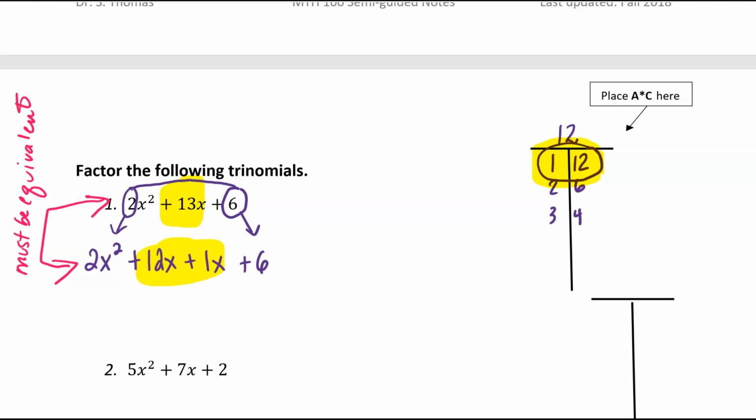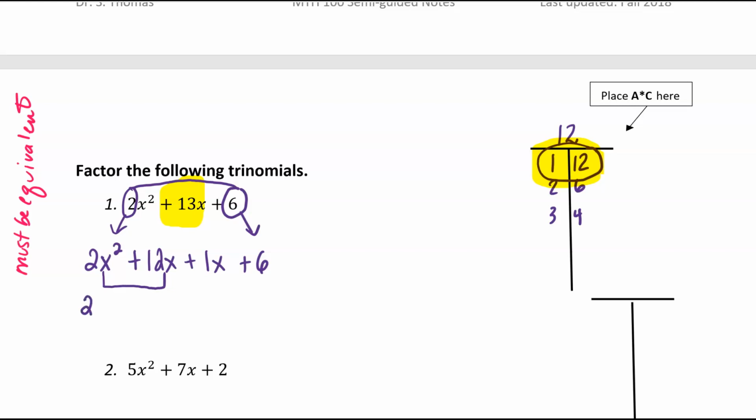So now that we have 4 terms, let's factor by grouping. So again, I wanted the 2 to be matched with the 12, but it doesn't matter. You could have grouped 2x squared with 1x.